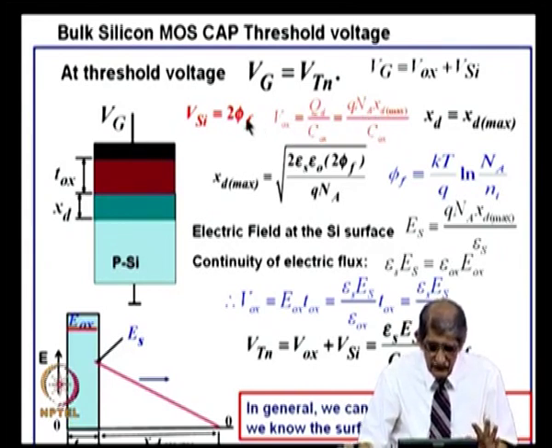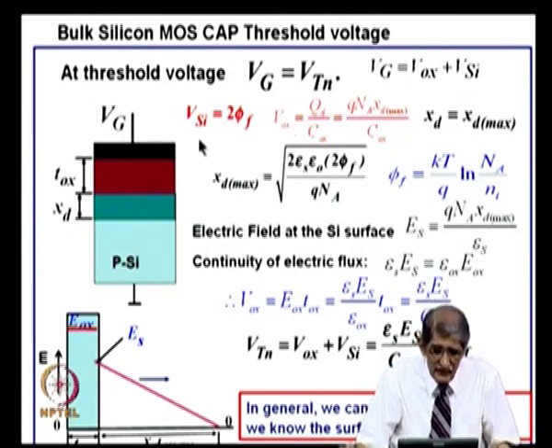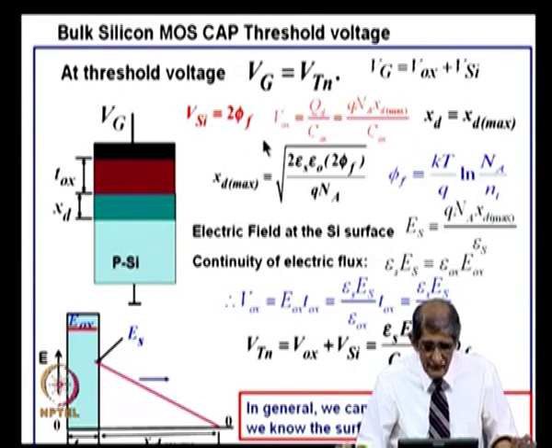So, what we did was, V silicon is twice phi f, corresponding to that X T maximum is given by this formula, corresponding to that you know Q D is that much per centimeter square. Q D by C oxide is the voltage drop across the oxide. Like a capacitor, the charge on the other side of the capacitor is minus Q D. Q D by C oxide is the voltage drop across the oxide. This is how you did the calculations.